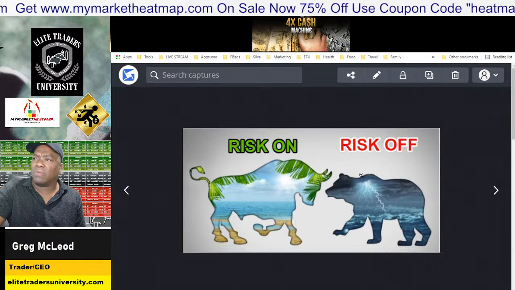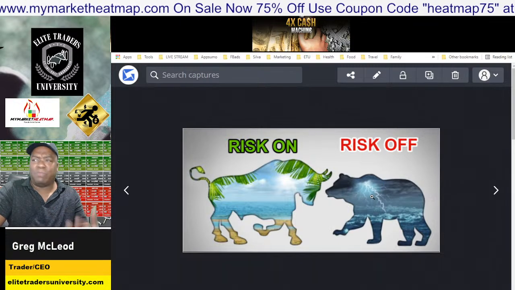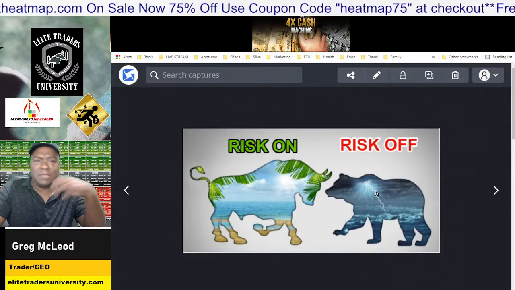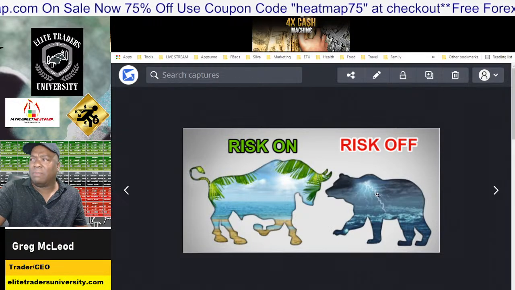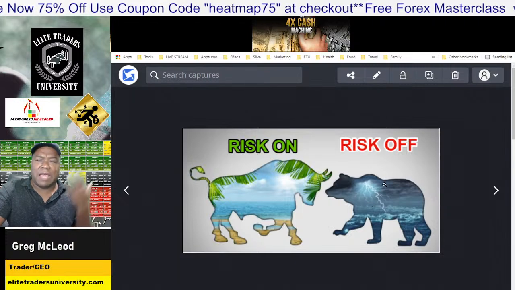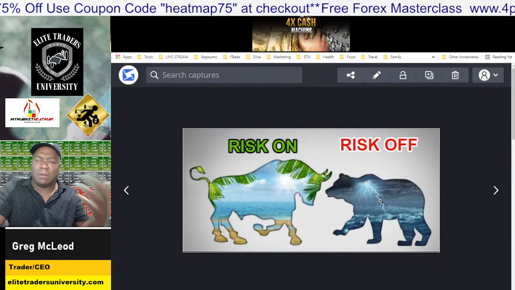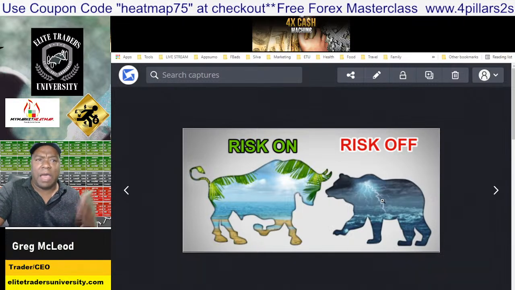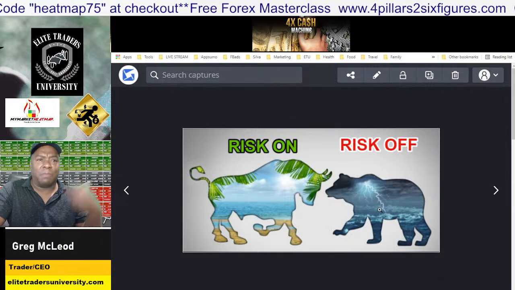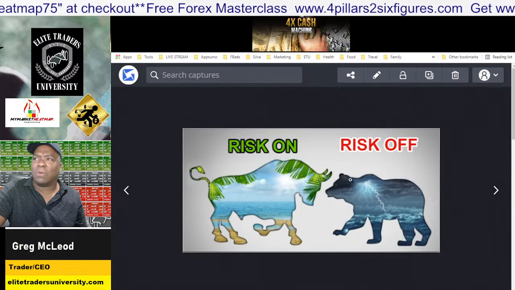Okay, during risk on. Risk off, hey, it's bad: the pandemic, the Delta variant, the fires, the drought. When the market starts thinking about that kind of stuff, then the dollar is going higher, right? And then the Aussie and the Kiwi and the Euro and the pound usually go down during risk off.